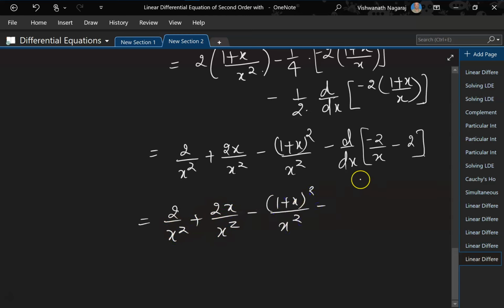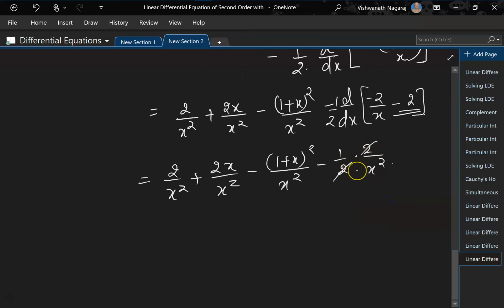minus, now here this will become 0 when we differentiate it. This will become 2 by x square, and here 1 by 2 is there. So minus 1 by 2 times 2 by x square. 2 and 2 cancel out. So in the denominator everything is x square. Let's add up all of them.